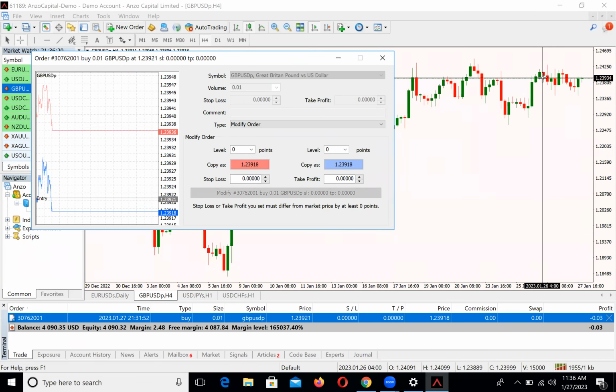So you multiply the pips by 10 to get the amount of points you'll be subtracting. 20 pips multiplied by 10 gives 200 points. So you are subtracting 200 points from your entry price to get your stop loss.